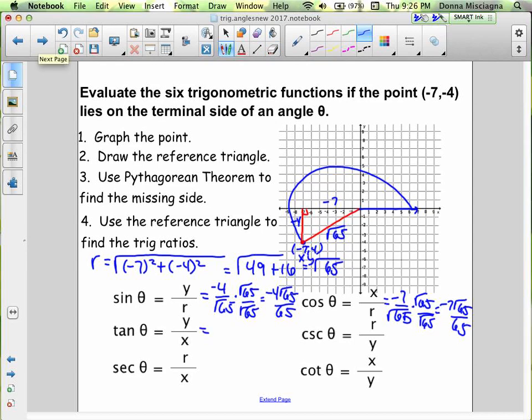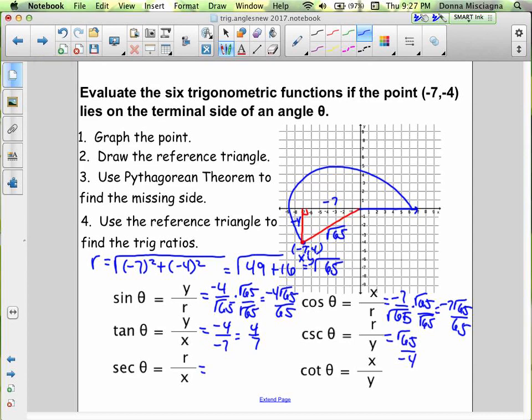Tangent is going to use negative 4 over negative 7. So I'm not going to have to use that square root of 65. 4/7. Cosecant is the reciprocal of sine, right? So it's going to be square root of 65 over negative 4, and that's all we have to do there.